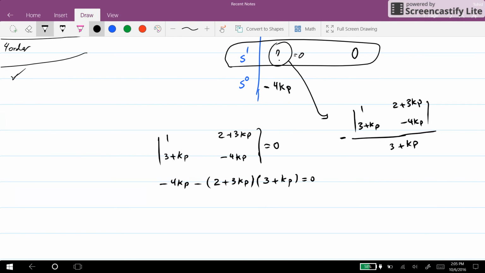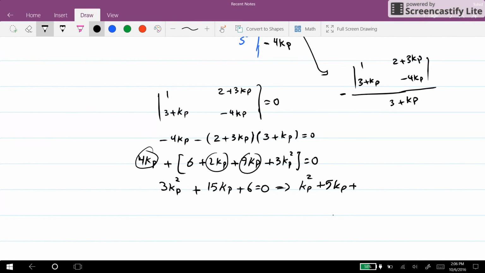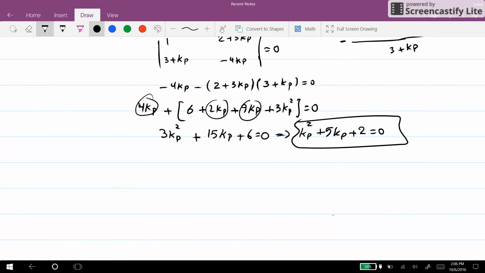Or multiplying everything by a negative sign, we will have 4 Kp plus 6 plus 2 Kp plus 9 Kp plus 3 Kp squared equal to 0. Or we will have 3 Kp squared plus 15 Kp plus 6 equal to 0, or in other words, Kp squared plus 5 Kp plus 2 equal to 0.